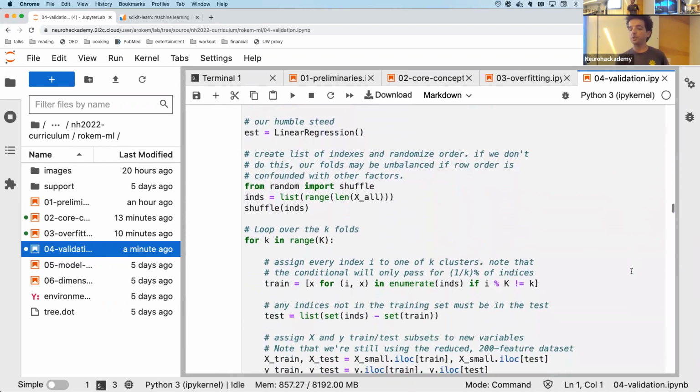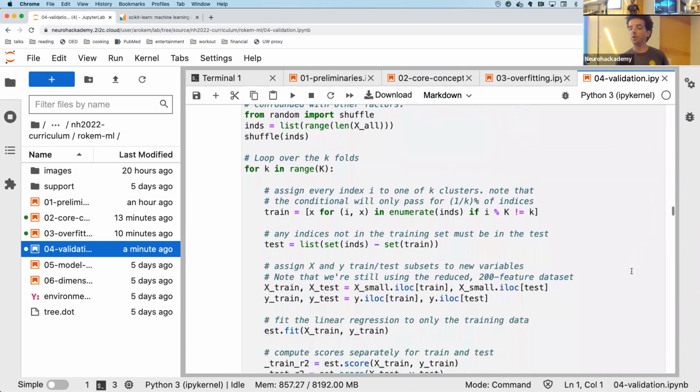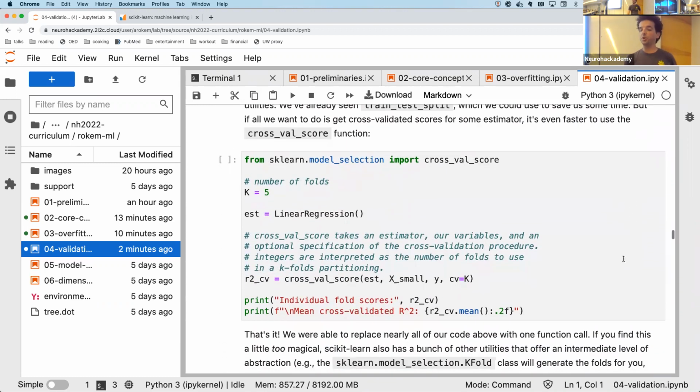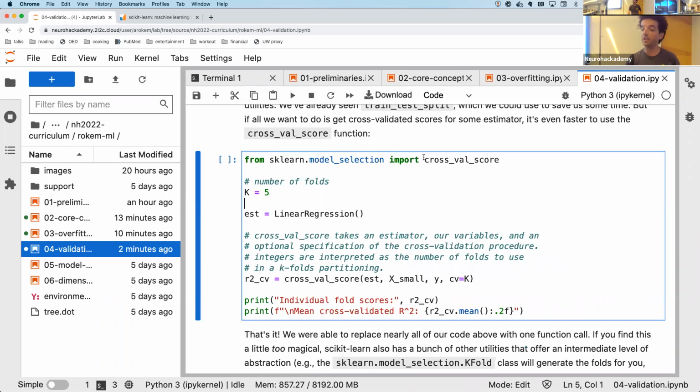I won't go over the code, which shows that this can be really cumbersome to program yourself. Instead, you can calculate a cross-validation score from Scikit-Learn's model selection module. You create your estimator, in this case linear regression, and pass the initialized estimator into the cross-validation score function.